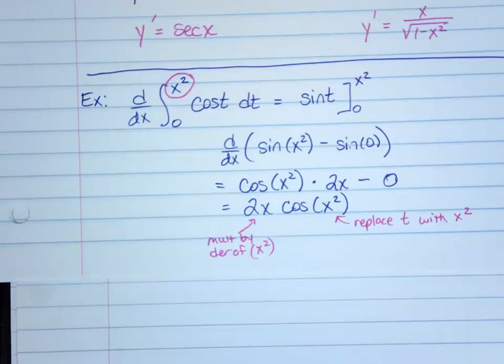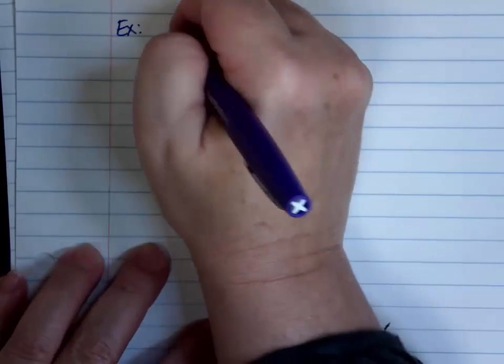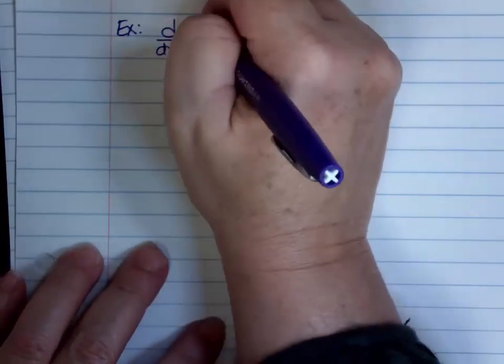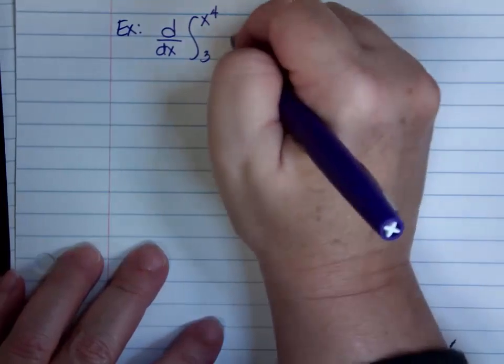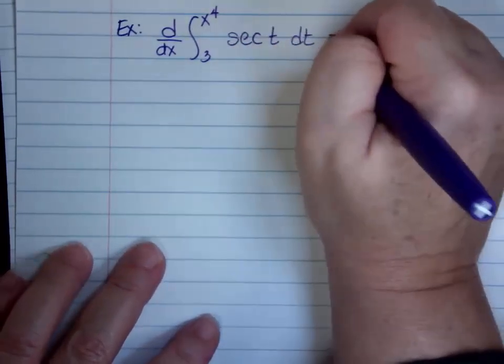So, we are now going to do another problem just like this. We're going to go straight to the shortcut, which is what I wrote down right here. Let's practice one of these the short way. Can you see what I'm writing? Barely. Let's move it down. I want to do d/dx of the integral from 3 to x to the 4th of secant t dt. We're doing the shortcut.